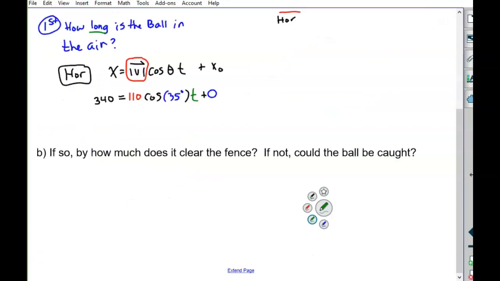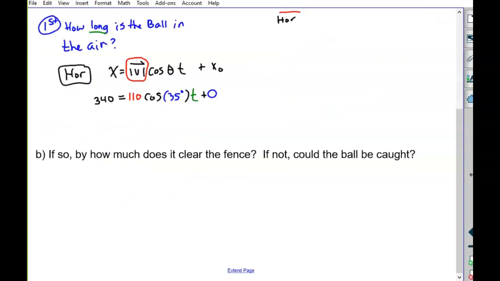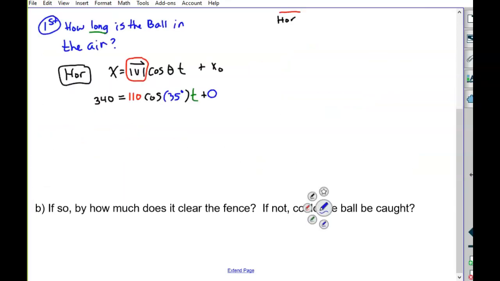And all I got to do is simplify. Now you could do all this in your calculator, but we have to be careful. I've got 110 times cosine of 35 degrees, so I need to move that over to the other side. So I'm going to divide both sides by 110 cosine of 35.